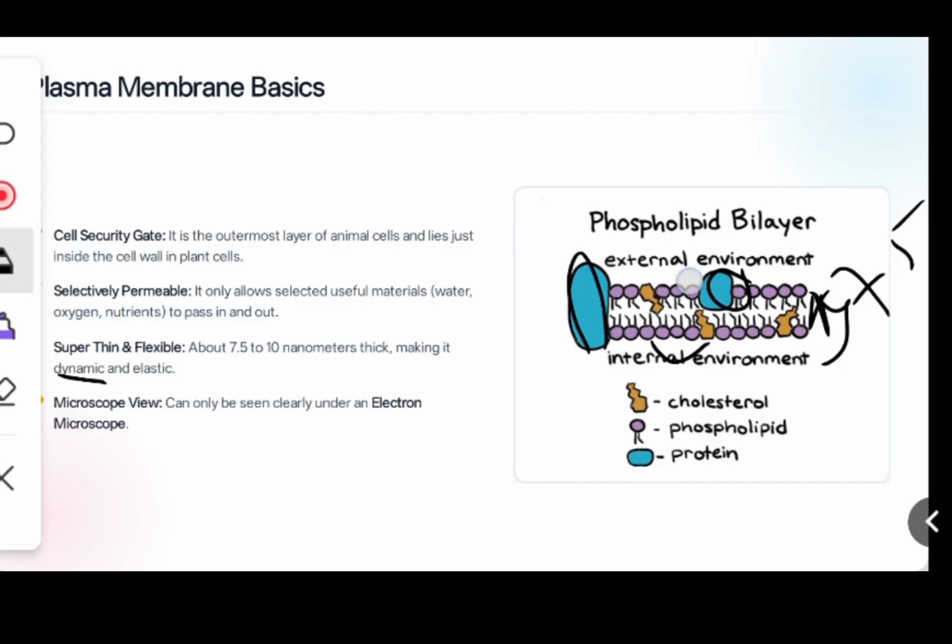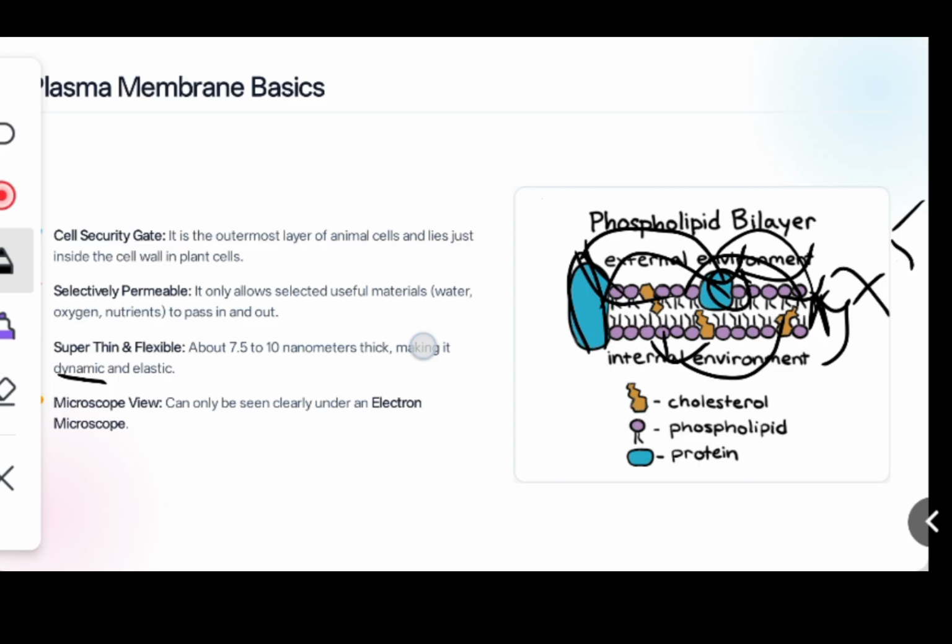They don't stick to a particular place. Phospholipids move like this, and proteins also flip their places. All the molecules are moving everywhere. That's why it's known as dynamic. And elastic: because it moves, there is fluidity. Without elasticity, it can't move from one place to another place. So it is dynamic and elastic.